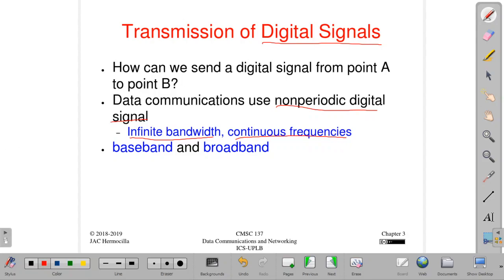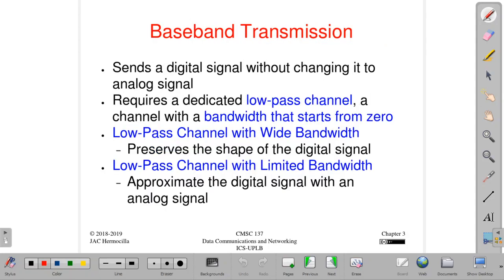Now, there are two ways to transmit a digital signal. The first one is called the baseband, and the second one is called broadband. So probably the word broadband is familiar to you already.